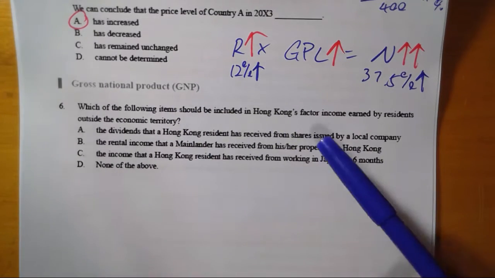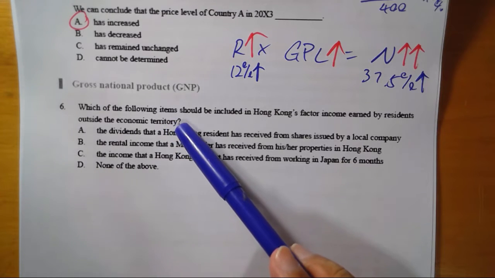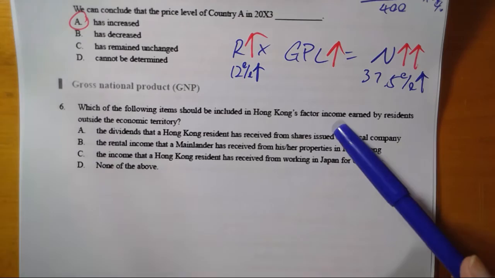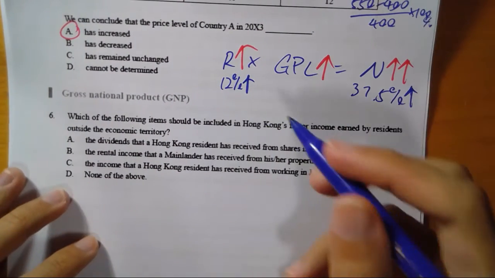Should be included in Hong Kong factor income earned by residents outside the economic territory. Okay, now, factor income earned by residents outside of the economy.